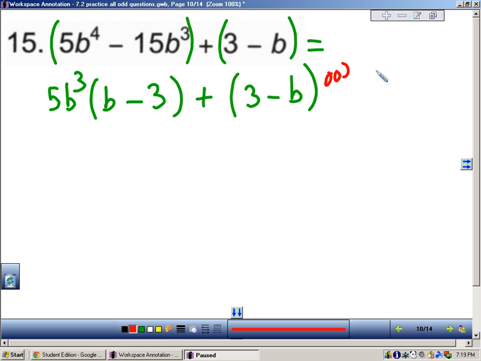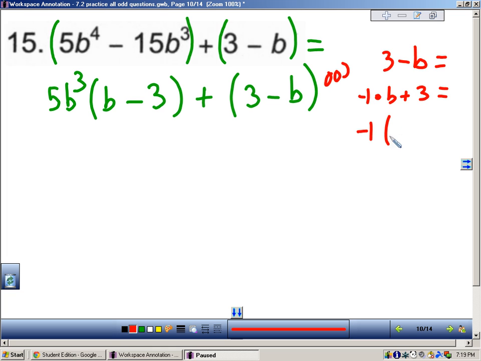I remember that 3 minus b could be reordered as negative b plus 3, right? And remember that negative sign could be represented by negative 1. So that negative sign there could be negative 1 times b, right? And so at this point I said, oh yeah, let's factor the negative 1.